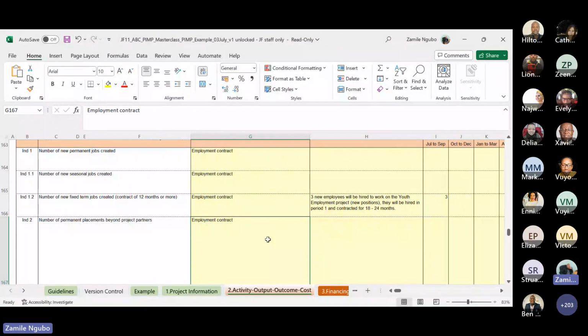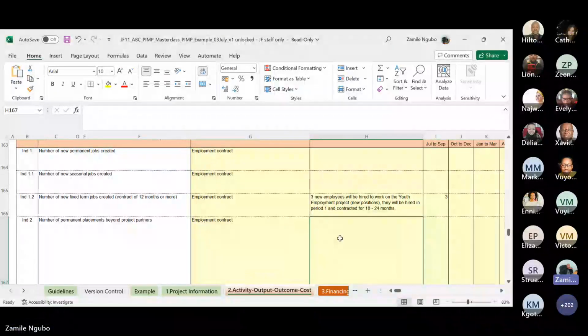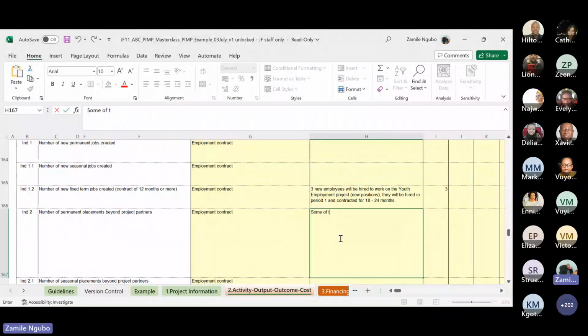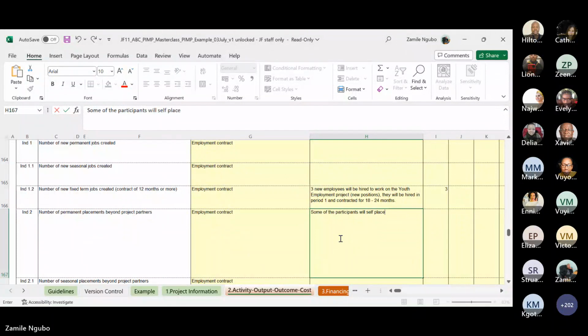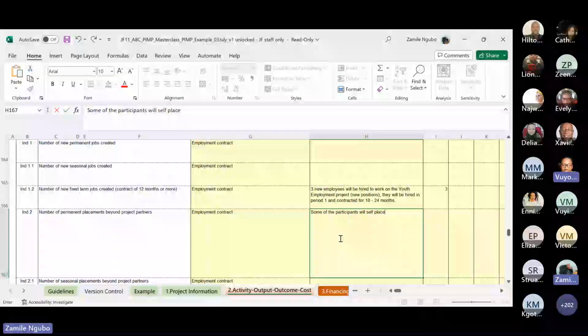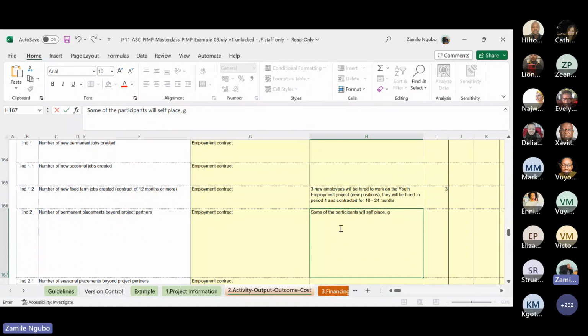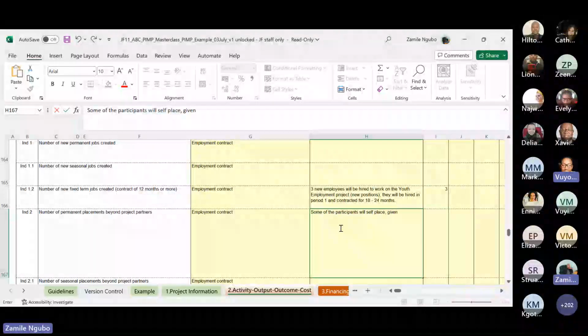So the assumption is that some of the participants will self-place. This means that they will be able to go out and look for jobs, but given the nature of the ICT sector, most of the time these are contract positions.